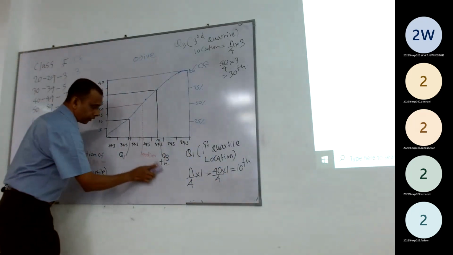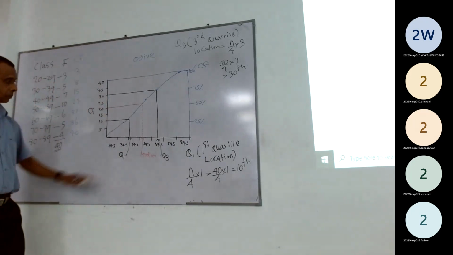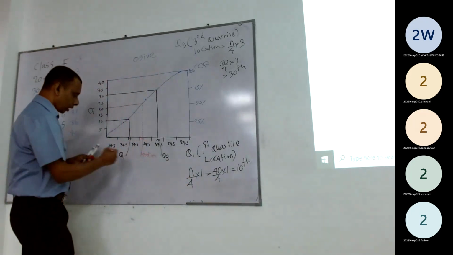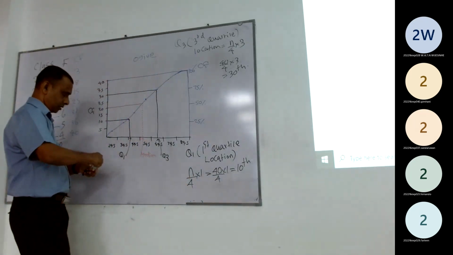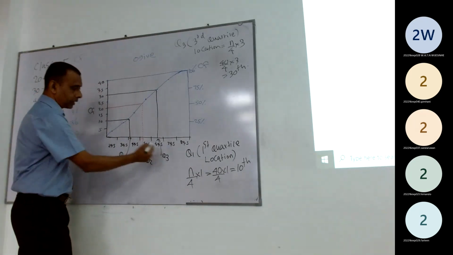Okay, now you identify the first quartile, the median is the second quartile, and the third quartile.